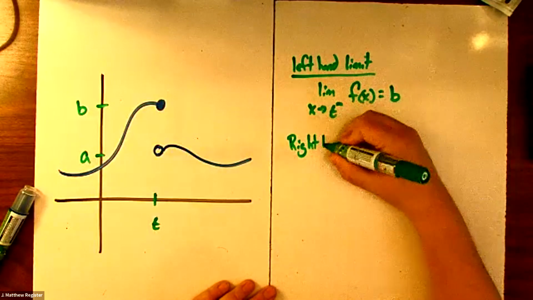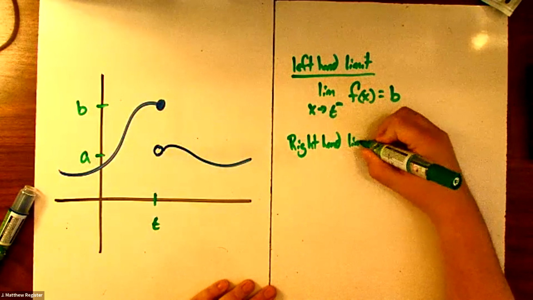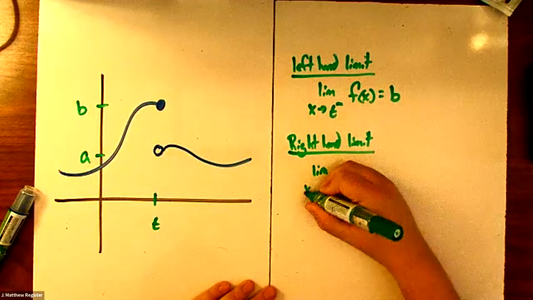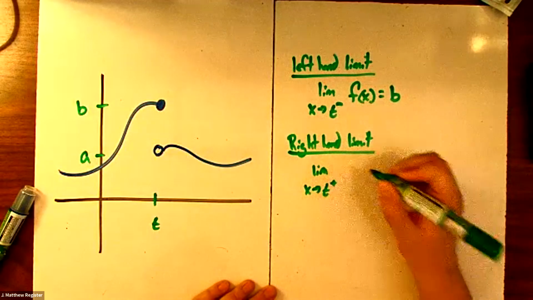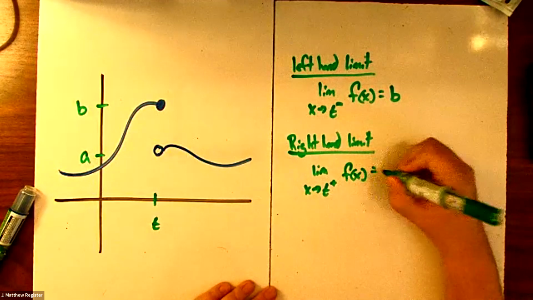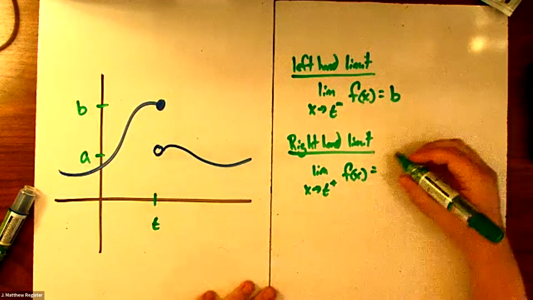For the right-hand limit, you can probably guess, the limit as x goes to t from the positive side of this function is going to be equal to a.